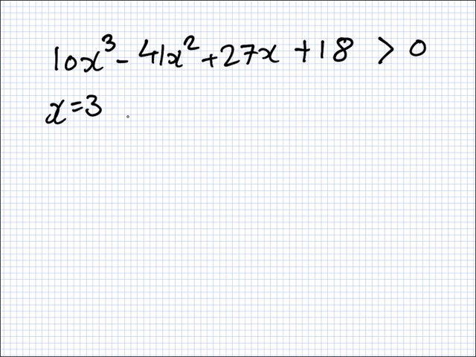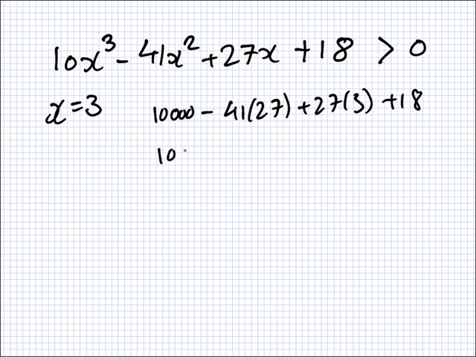So if I put in 3, let's see what I get. Not 10,000, sorry, I was getting confused. It's 810, isn't it? 270. Sorry, 270.